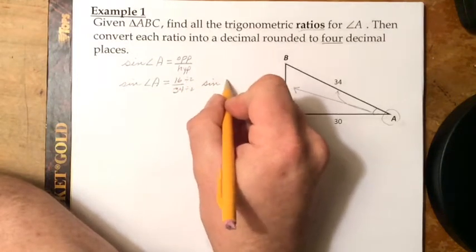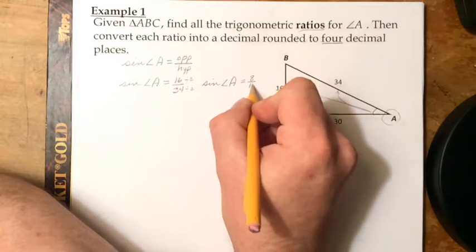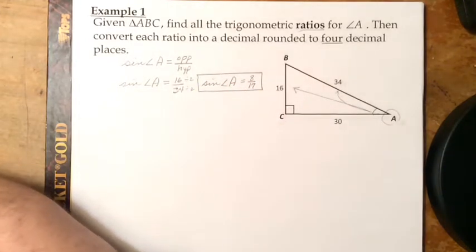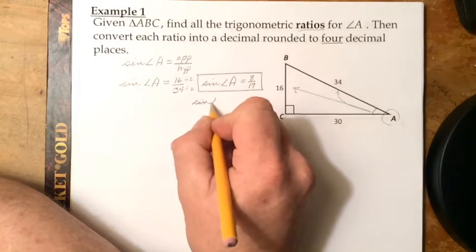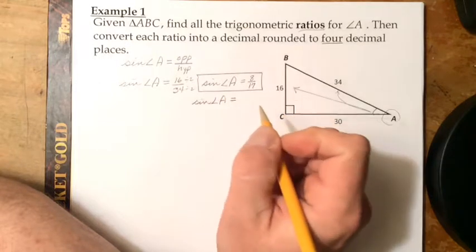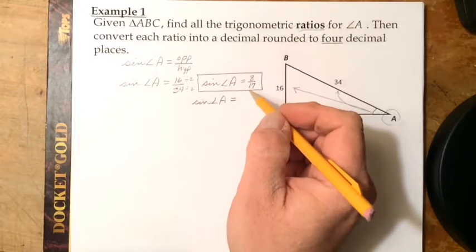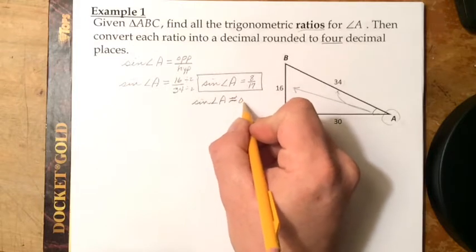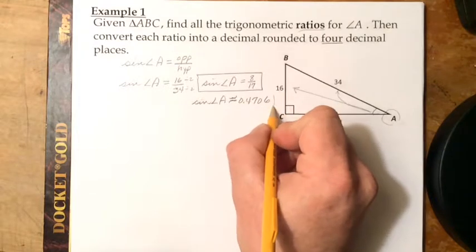So the sine of angle A is equal to 8/17, or 8 to 17. 8 to 17 is the trig ratio for sine of angle A. Now for the decimal equivalent, simply take 8/17 and convert it to a decimal. 8 divided by 17, use your calculator, you get approximately 0.4706, 4 decimal places.